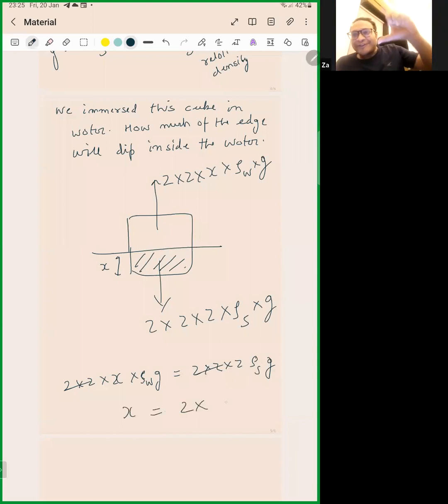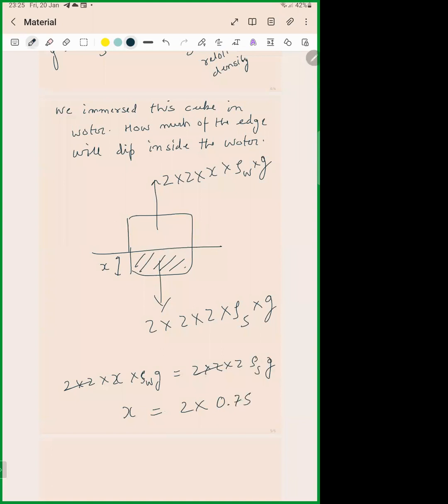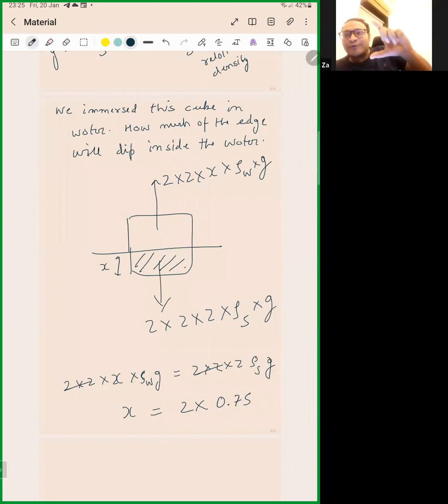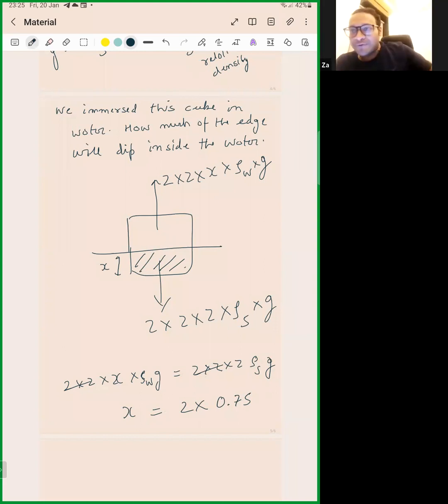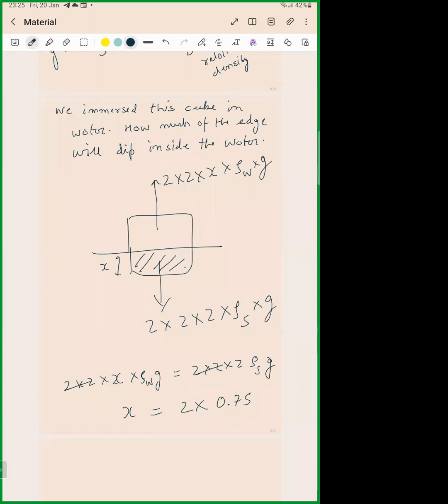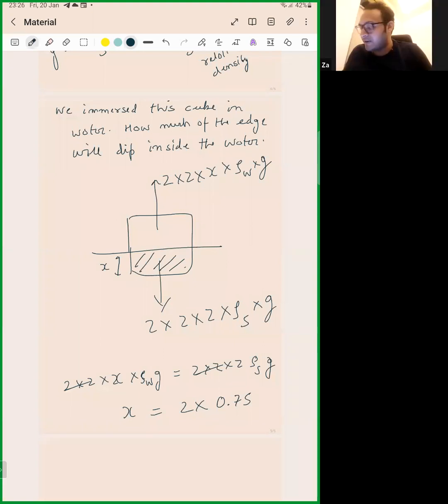So 3/4 of the length will get submerged. Now what is 3/4 of 2? Which is 3 by 2, 1.5. So it is 3/4 submerged and it will keep on floating like that. Does it make sense to you? That is how things take place here.